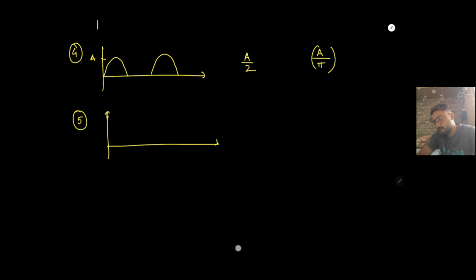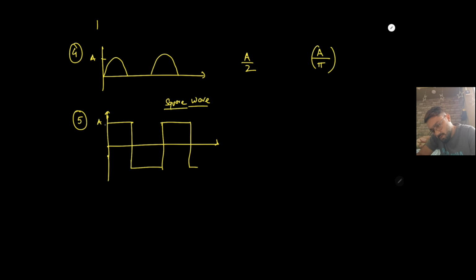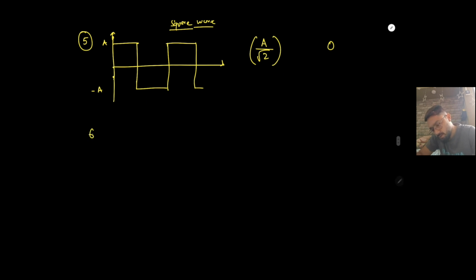Next, let's take the square wave. What will be the average value of a square wave? Average value is 0, and RMS value A by root 2. What about sawtooth?